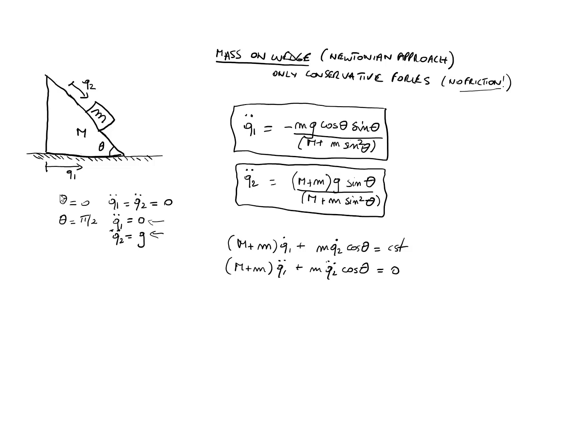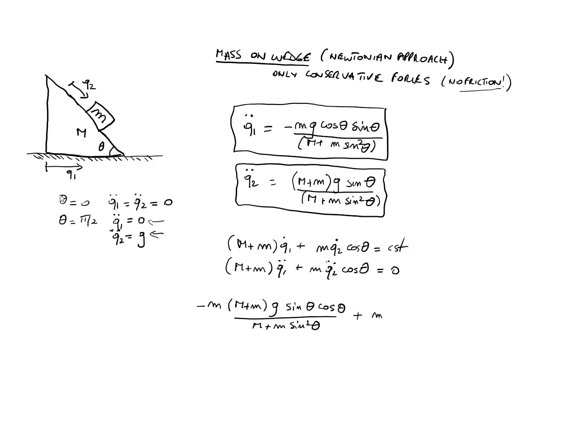Okay, so now I can inject my solution. So I will have minus M plus m times m g sine theta cos theta, right, divided by M plus m sine squared theta, plus m q2 double dot cosine theta.